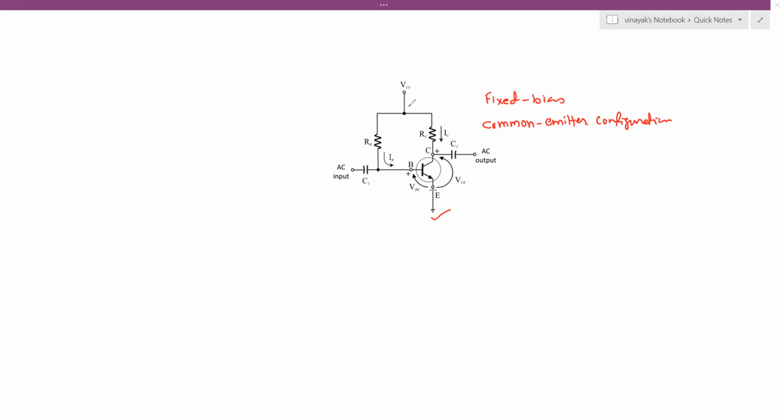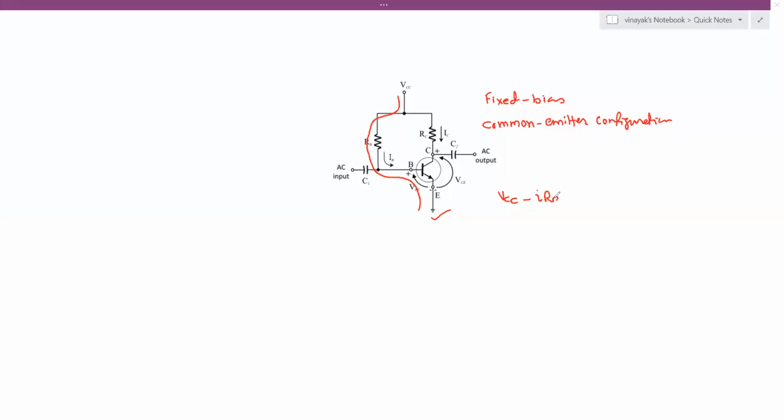So I have the Kirchhoff's voltage law that I can apply. There is this loop that is starting from supply voltage through the RB and then through the input junction down to the emitter. So I can write VCC minus I times RB.